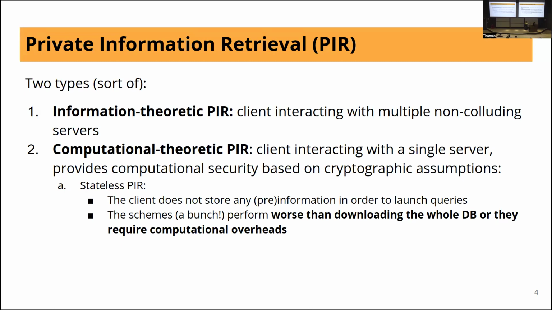You want this because, obviously, if you could download the database locally and then perform queries against it, you would have perfect privacy, because you can fetch locally any item from the database that you just downloaded. So what you want instead is a PIR scheme that is much more efficient than the cost of locally downloading the database as a client.